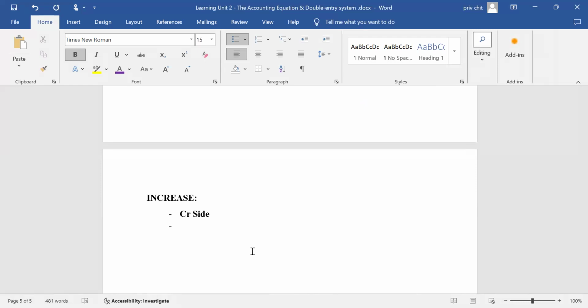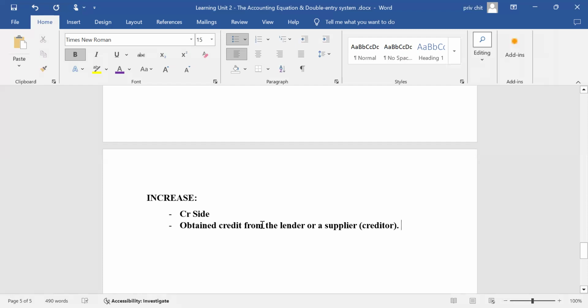It's as a result of having obtained credit from the lender or a supplier. A supplier, in this case, I'm referring to a creditor, meaning somebody that would have sold something to you on credit basis. So that's what causes liabilities to increase.